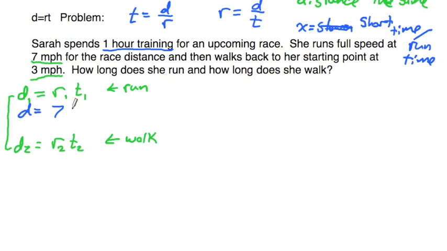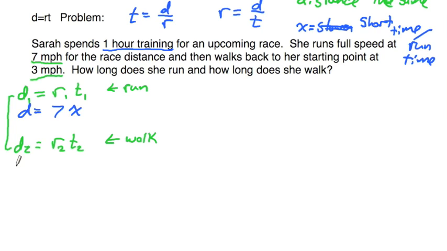We'll get here that she ran for x hours. Well, if she ran for x hours here, and the total of T1 and T2 is 1, then the sum of x and this number down here has to be 1.